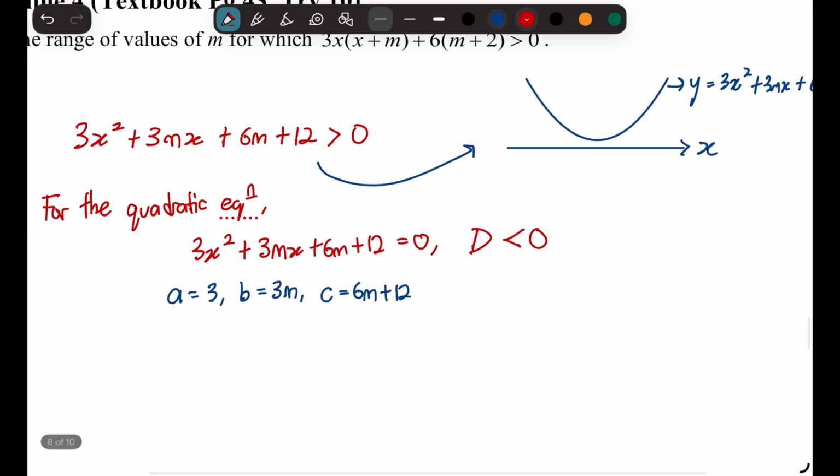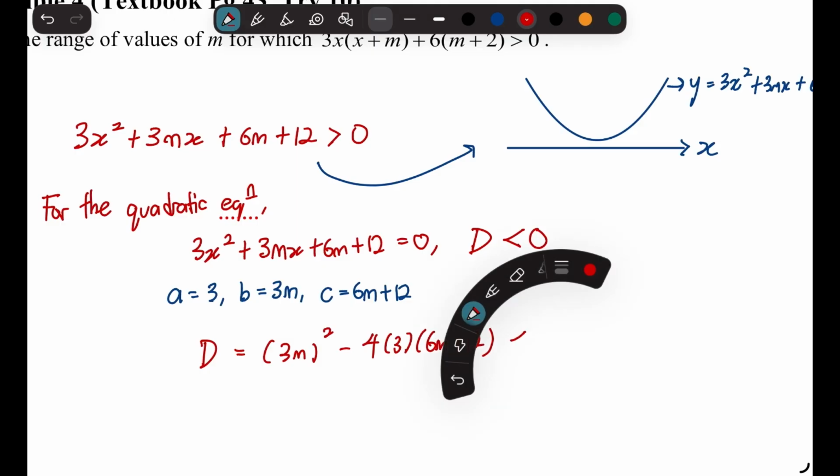Alright, so therefore the discriminant is simply equal to 3m, the whole thing squared, minus 4 times 3 times 6m plus 12. This whole thing must be strictly less than 0.